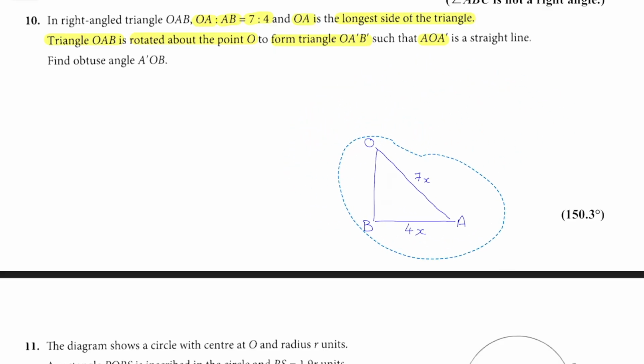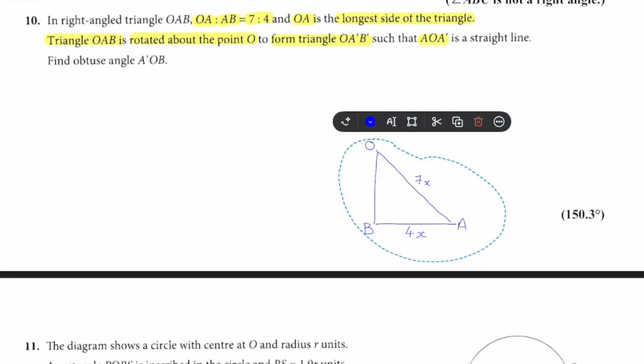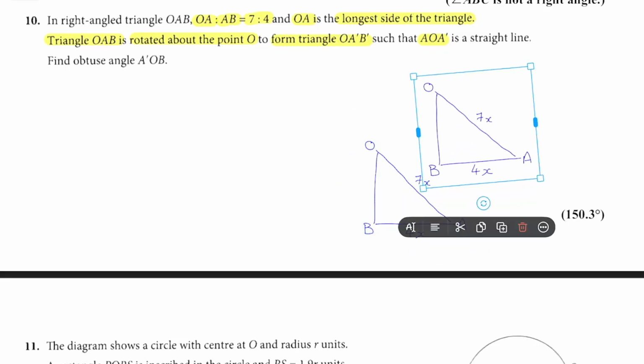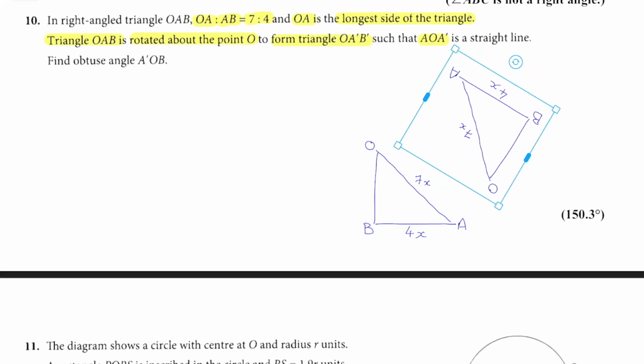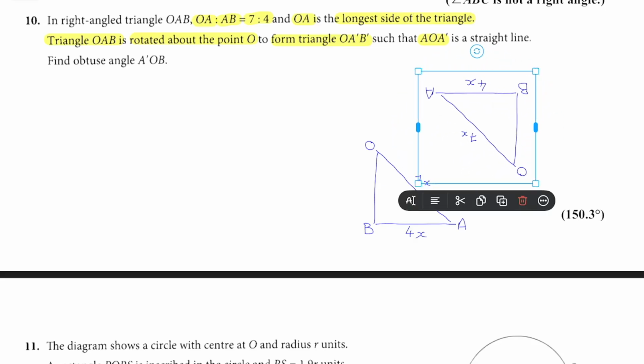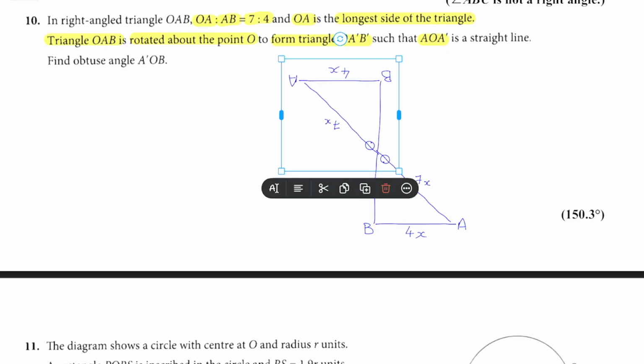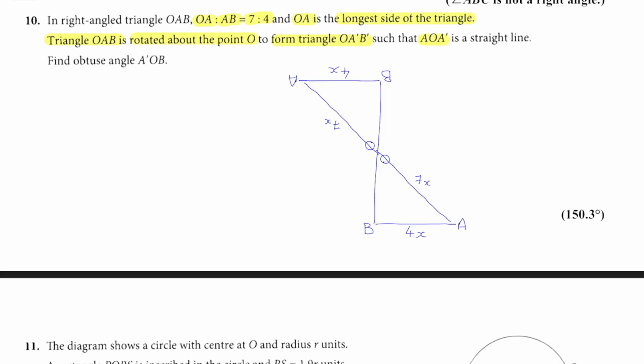That means that when I rotate my triangle, let me duplicate this, it will become this in such a way that the new triangle, which has A prime and B prime, this A to point O to point A prime is one straight line. This is what they're trying to say.